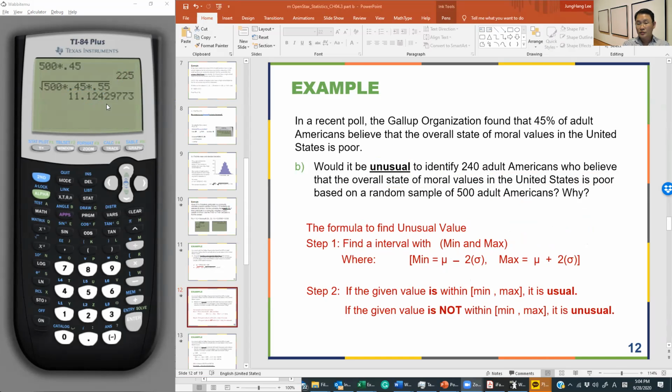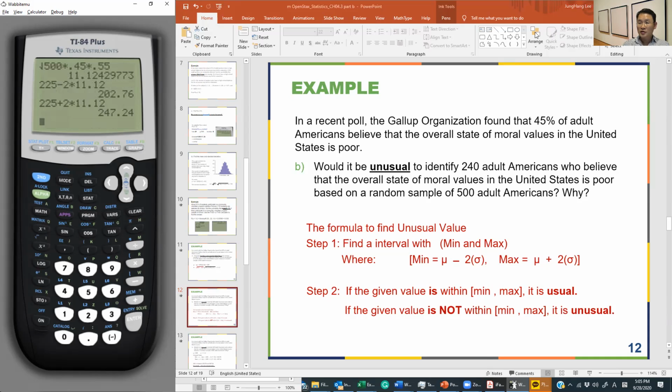So to figure out this, 225 minus 2 times 11.12, and hit enter. And that's this minimum value. The maximum value is similar, 225 plus 2 times 11.12, and that's the maximum value.